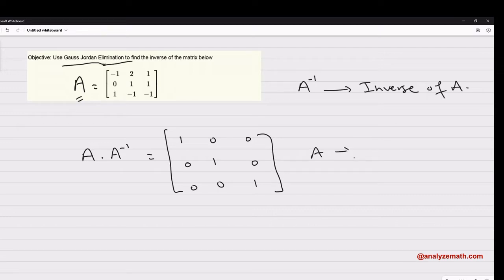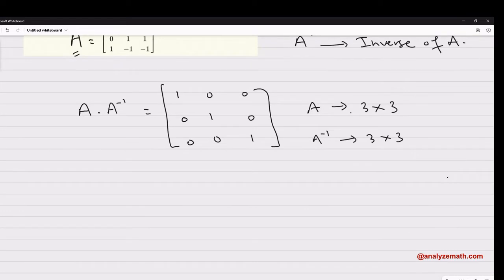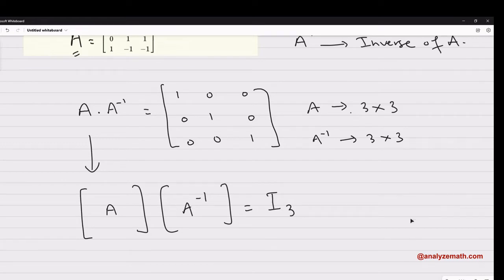Now A is a 3 by 3 matrix. The inverse, if it exists, of course, is also a 3 by 3 matrix. So what we need to do is to solve this system of equations. We have A here, A inverse here, and the identity matrix I3 here.